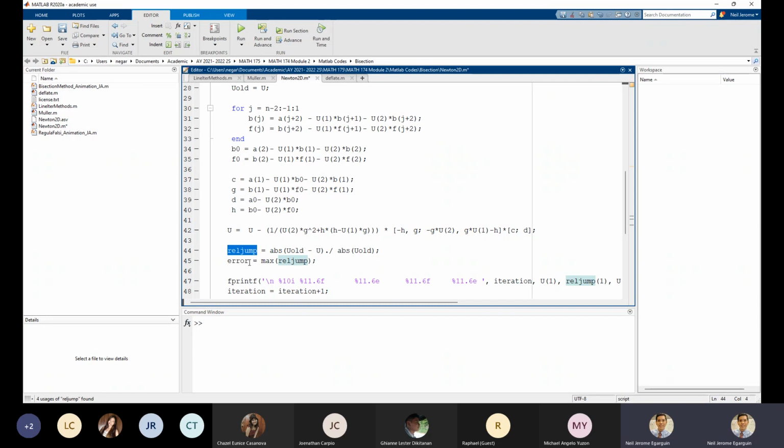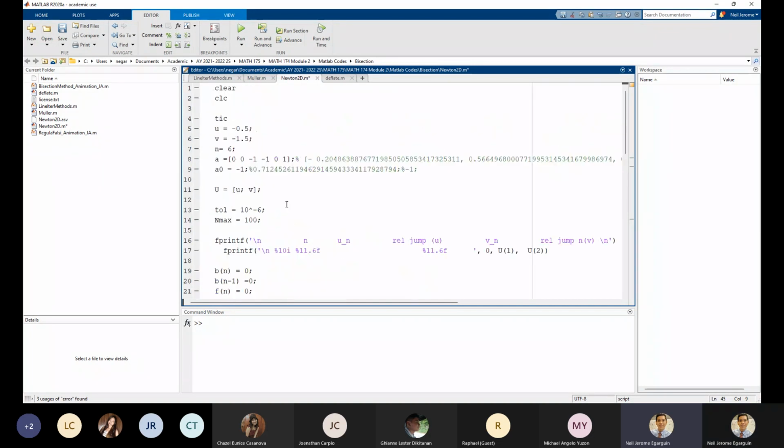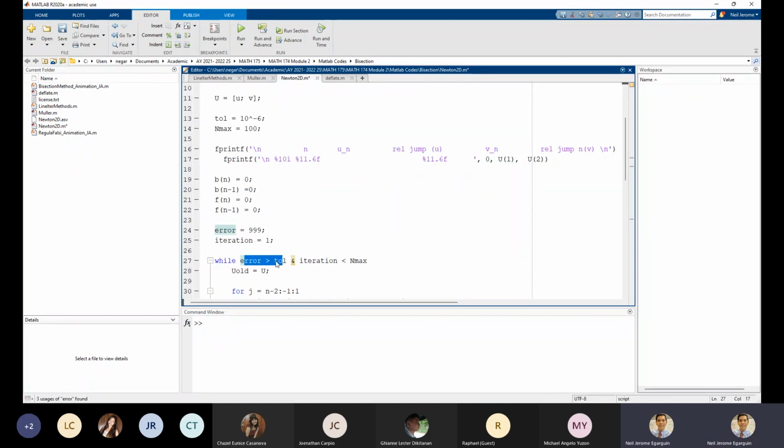So, kukomputin ni Matlab ano yung mas malaki dun sa dalawang entries ng vector na relative jump, and we'll set it to be the error. Okay? So, ito yung mas malaking relative jump. Remember, gusto nating itigil kapag parehas na relative jumps ay less than epsilon. So, sure ako kapag yung maximum ay mas maliit na sa tolerance, so ibig sabihin na satisfy ko na yung error threshold. So, ito na yung mangyayari dito. Yun yung i-check ni Matlab dito. Alright?